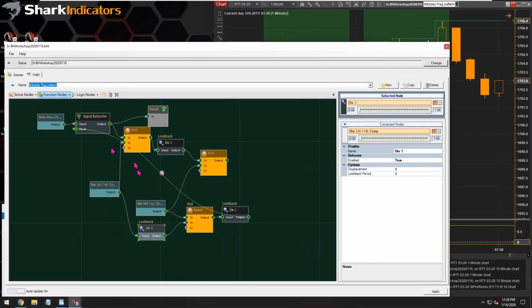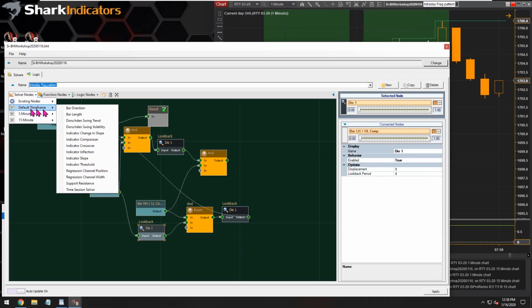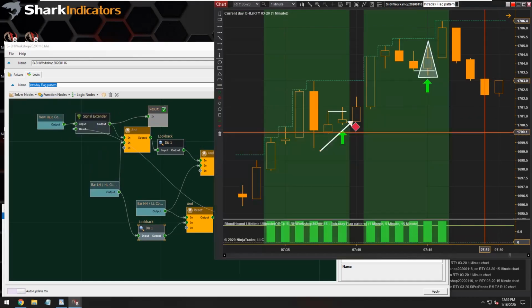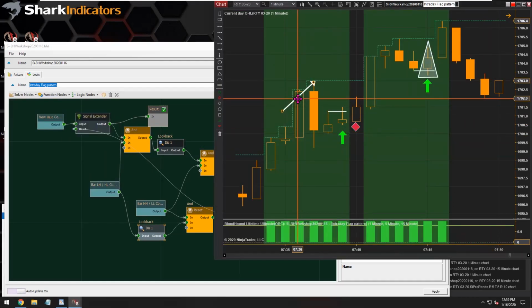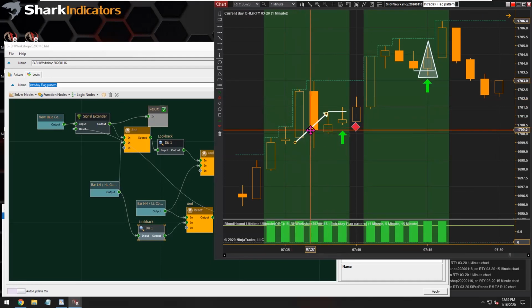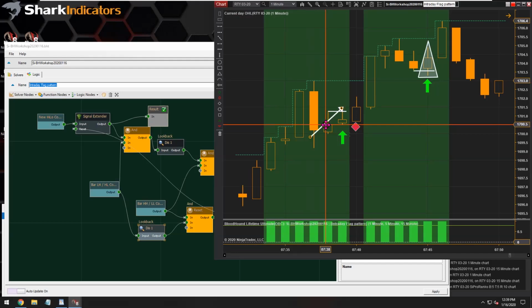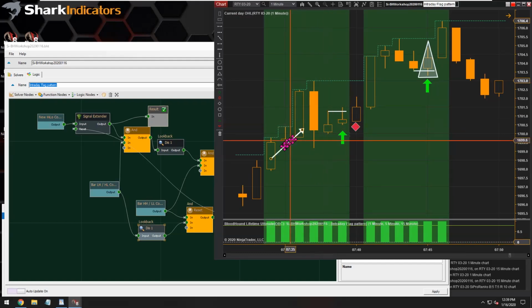So this logic works, and I guess I'll just leave it. I was thinking I could simplify this logic. It's only a minor simplification, but I could use this inflection solver, and I can set the inflection solver to look at the high prices. So when the high prices inflect up, I would get an inflection signal of the high prices moving up from the inflection solver. And the same thing for the lows.